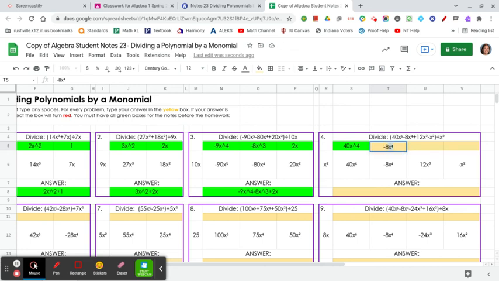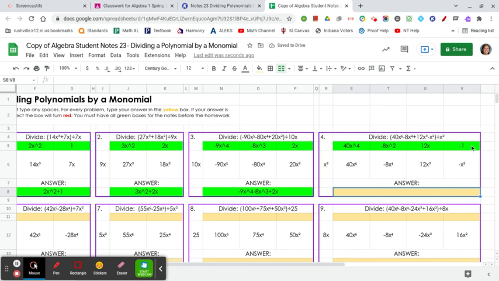X to the fourth divided by x to the second is x to the second. 12 divided by 1 is 12. X to the third divided by x to the second is x. And then negative 1 divided by 1 is negative 1. And then x to the second divided by x to the second would just cancel out.